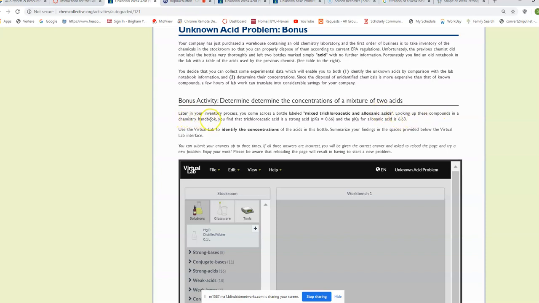If you look up these compounds in the book, you see that they have a pKa of 6.63 for the oxalic acid. The pKa for the trichloroacetic acid is too low. You're not going to be able to effectively identify that pKa.